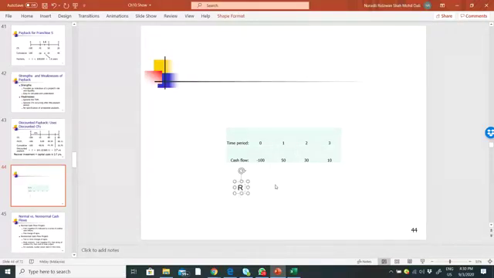R equal to 10%. I'll give you about 5 minutes to do this and get me the answer. Okay, 5 minutes.